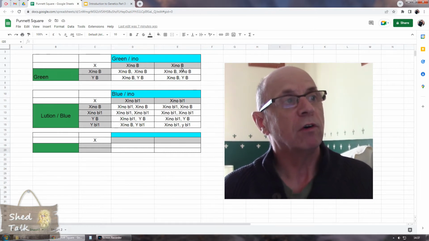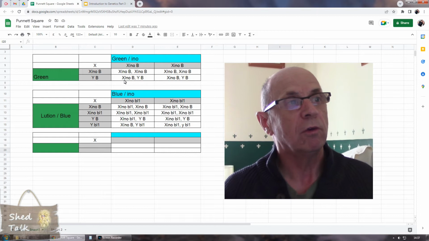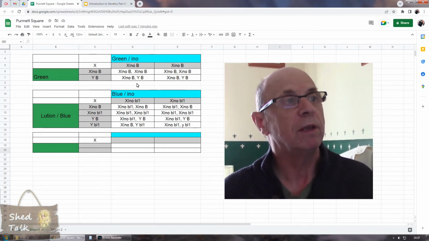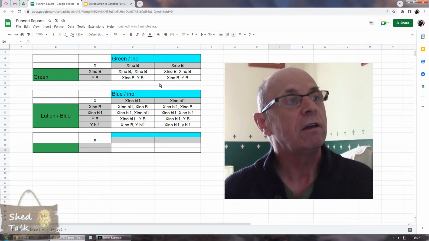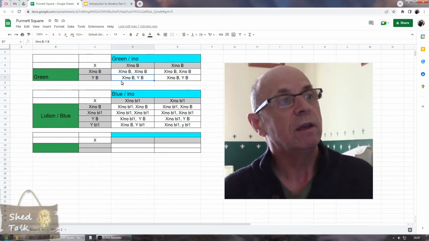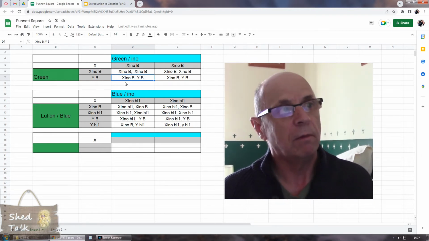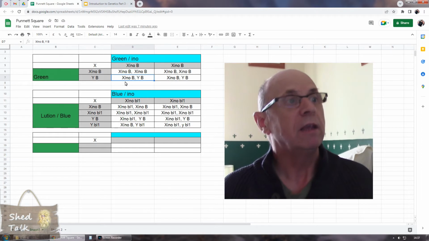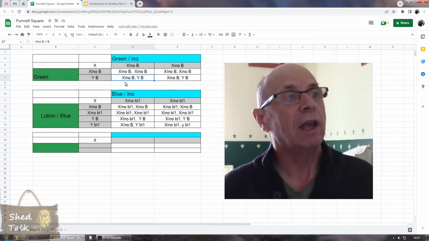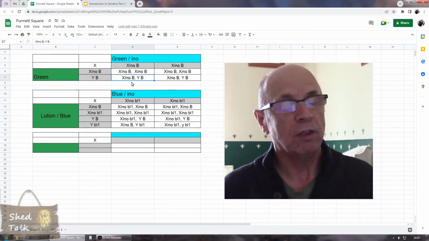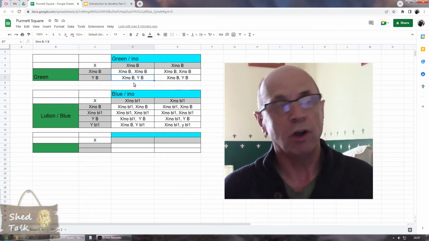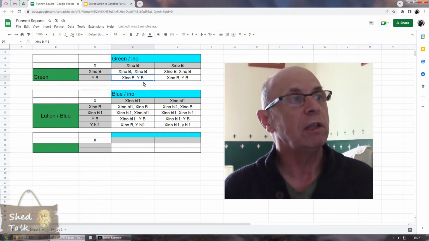Down here, both of the bottom row contain a Y chromosome, so they're both going to be hens. This first one has, on the X chromosome, the non-mutated INO allele plus a non-mutated blue allele, and then the Y chromosome and a non-mutated blue allele, so that's going to be a normal green.